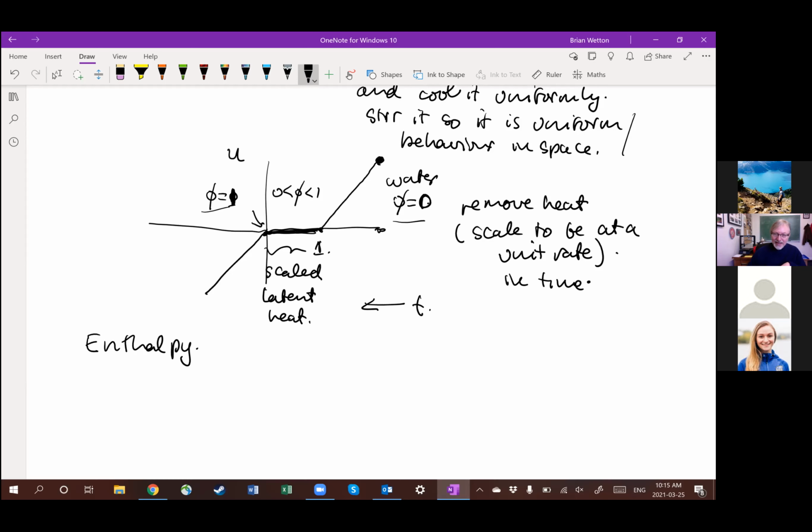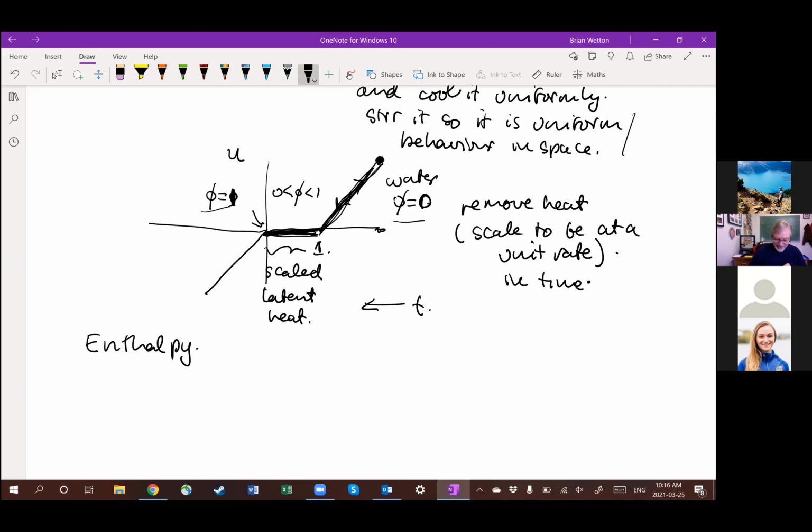So heat flux into this thing is changing the enthalpy. If you're out here and you add or remove heat, then you're changing the temperature. If you're at zero temperature and you're adding and removing heat when you aren't completely ice or water, then you're just moving the amount of ice or water back and forth.